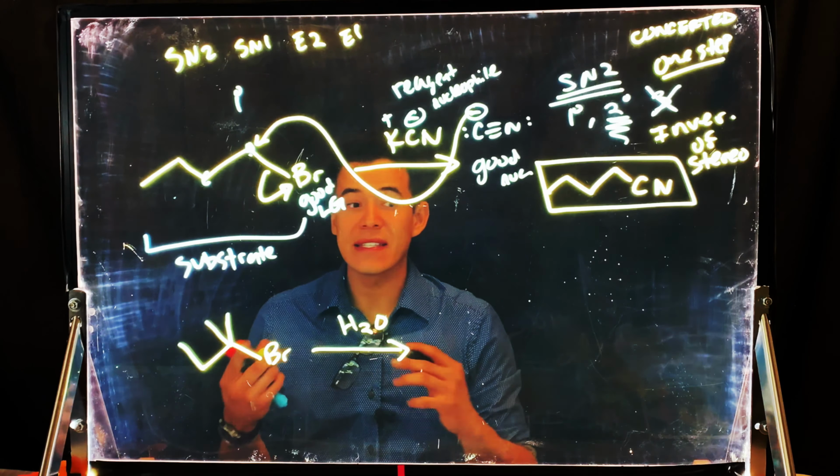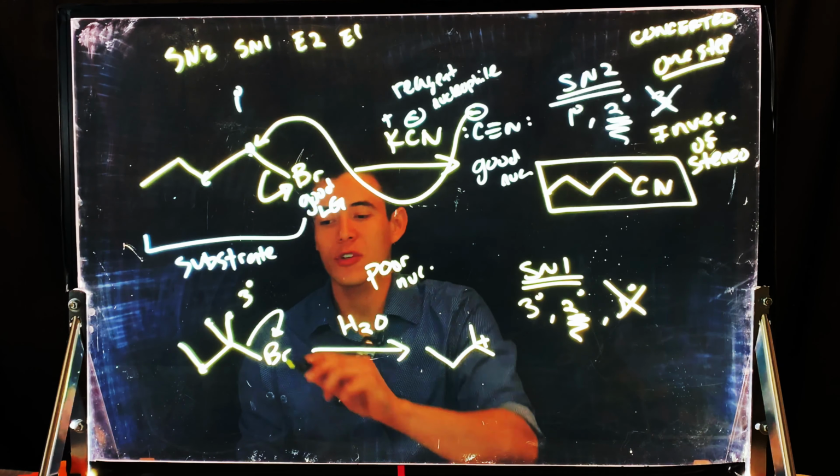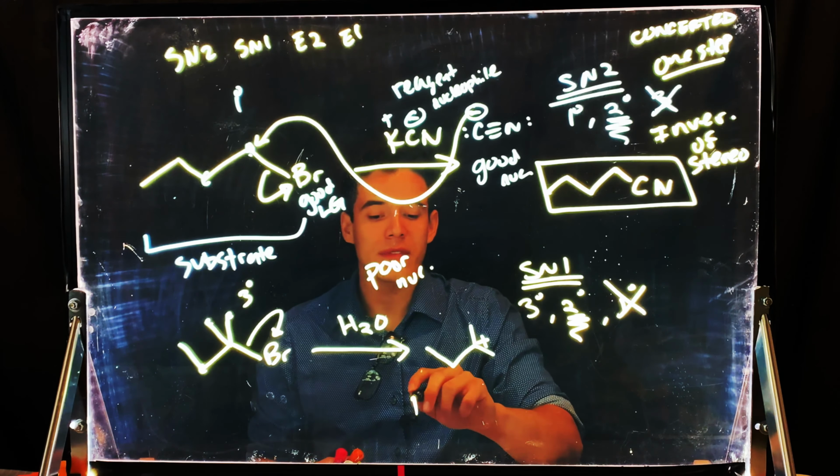Typically, we use poor nucleophiles to undergo these reactions. And the first step in an SN1 reaction is for the leaving group to leave on its own. So now we have something that looks like this: positive charge on that carbon, and we have some Br minus floating around. So I'll put over here to the side, this is not one step, but many steps.